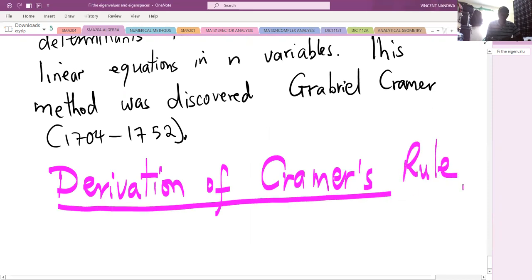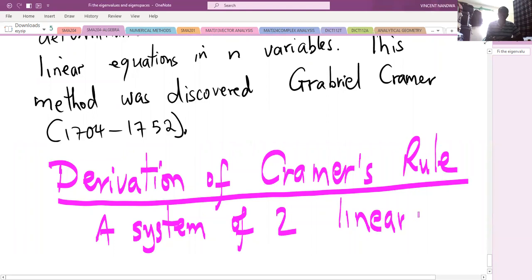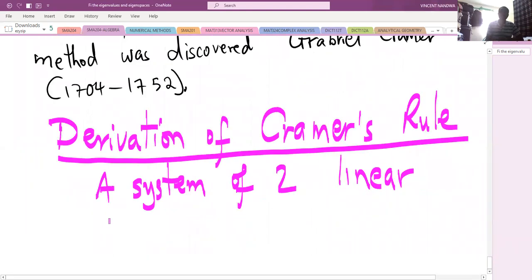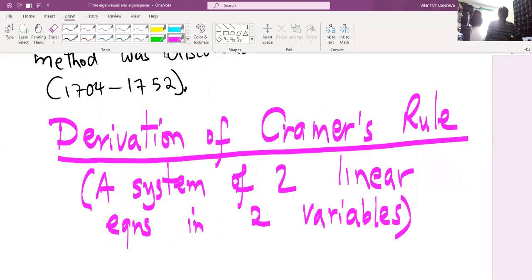Actually, we'll pick just a simple case, a system of two linear equations in two variables. So we are going to derive Cramer's rule using a system of two linear equations in two variables, and then we generalize into a system with n equations in n variables.